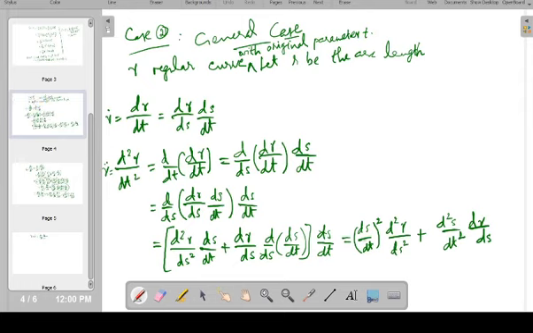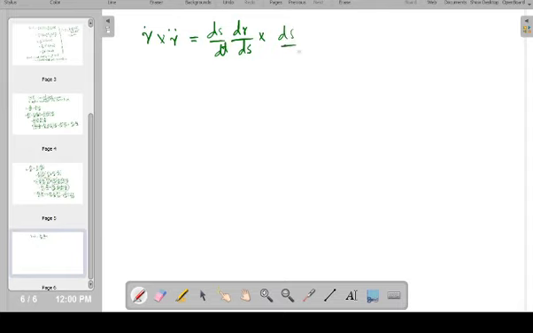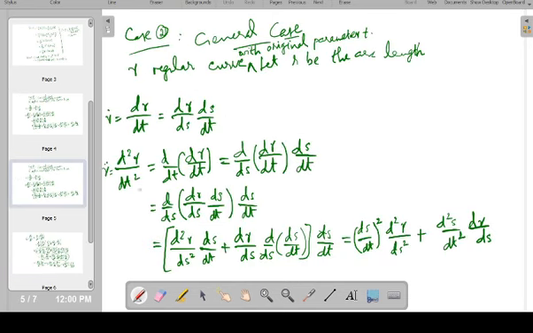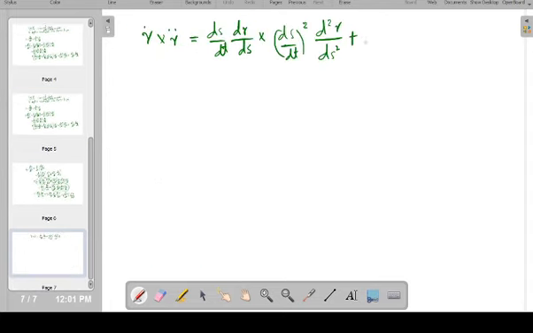Gamma double dot is ds by dt the whole square into d square gamma by ds square plus d square s by dt square into d gamma by ds.